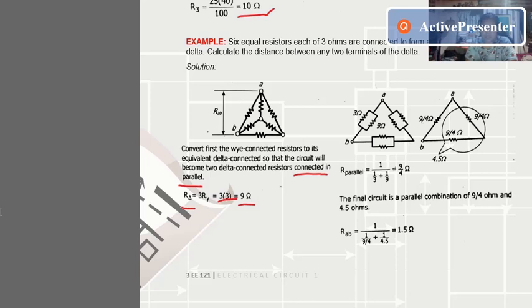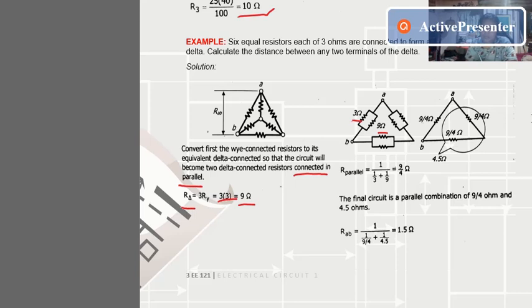So, ang giingon man sa problem, diba, distance between any two terminals of the delta. So, to solve for the parallel, R parallel niya, since natay given nga na-solve na to nga 3 ohms and natay 9 ohms. So ang parallel ana is equal to 9/4 ohms.